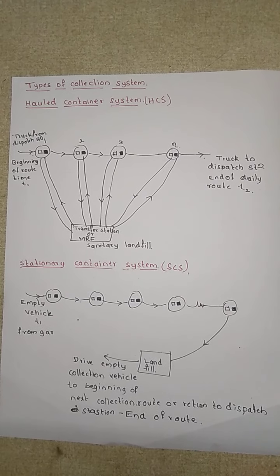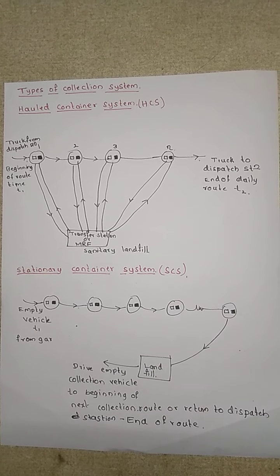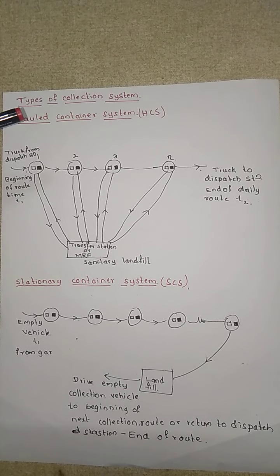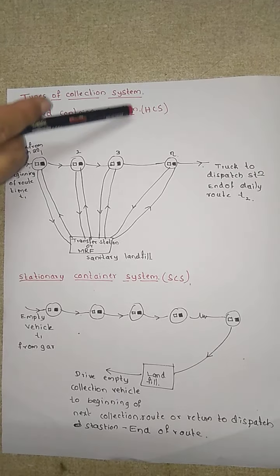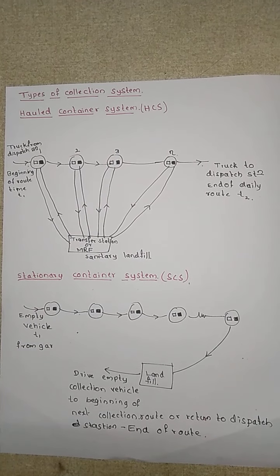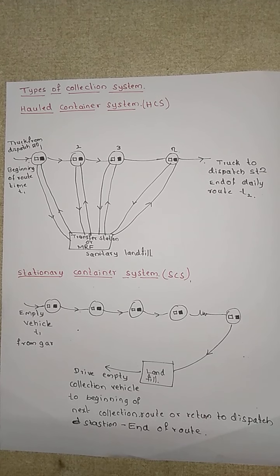In collection systems, we have two types: the hauled container system and the stationary container system. The hauled container system we usually shorten to HCS, and the stationary container system to SCS.